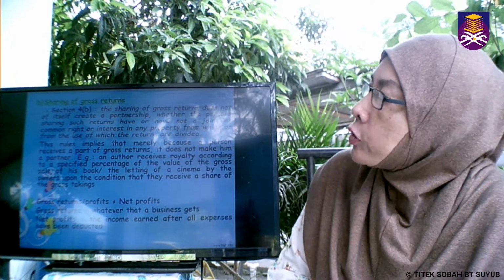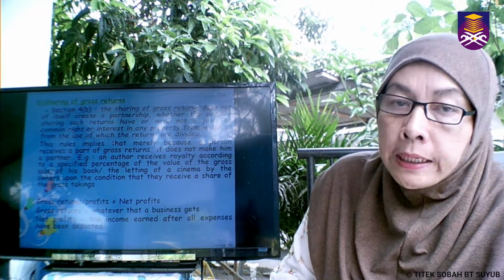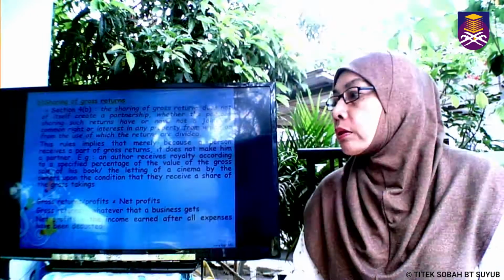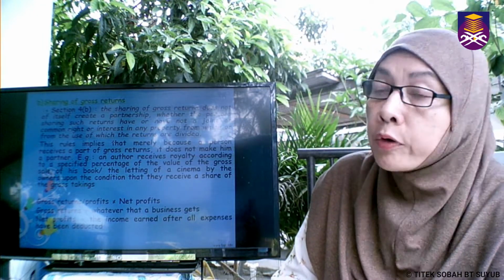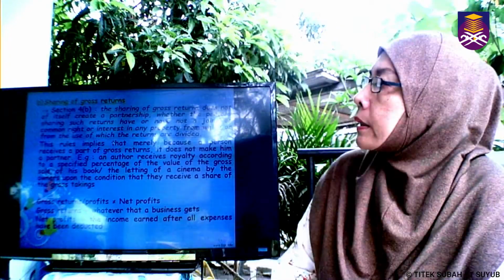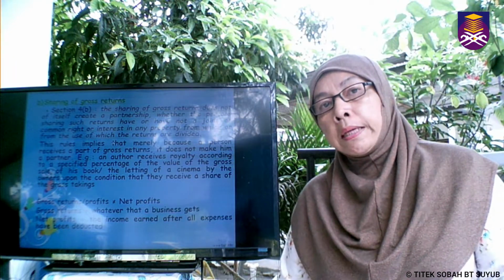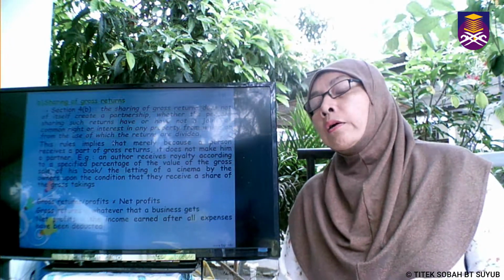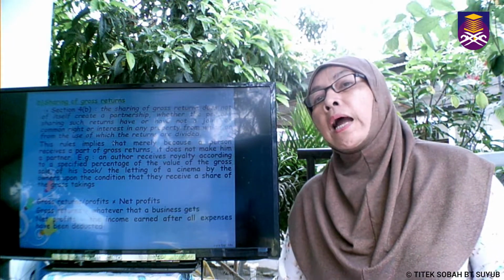So okay, sharing of gross returns, this is under B. Just now I also discussed with you the case of Fox versus Coulson with regard to sharing of gross returns. And it's very clear under section 4B, it says here, the sharing of gross returns, I mean the profit whereby the expenditure hasn't been deducted yet.